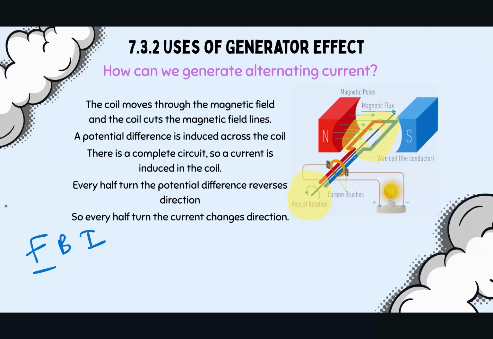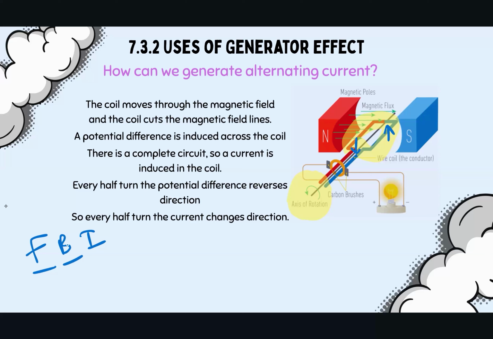Now, right now, do we have a force? Yes, because the coil is spinning. So one half of the coil, the blue half, is moving and has a force pushing it upwards, and the red half of the coil has a force pulling it downwards. So we've got our force.